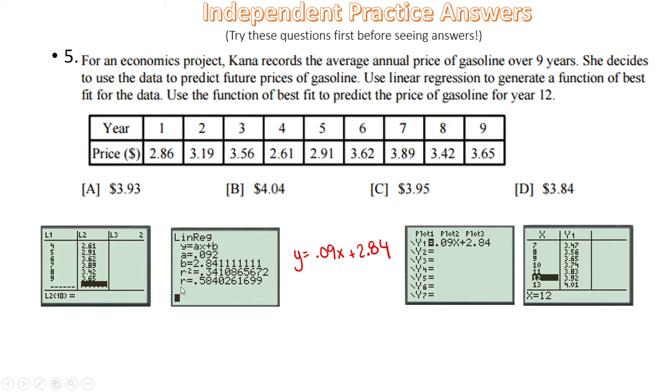Then I figured, well, it's probably because we rounded our equation why we're not getting the exact answer. So if you type in your equation not rounded, then we're going to see a better answer. Normally I suggest just round it, but in this case our answers are too close. So we're going to have to type in a little bit more numbers to get the answer.